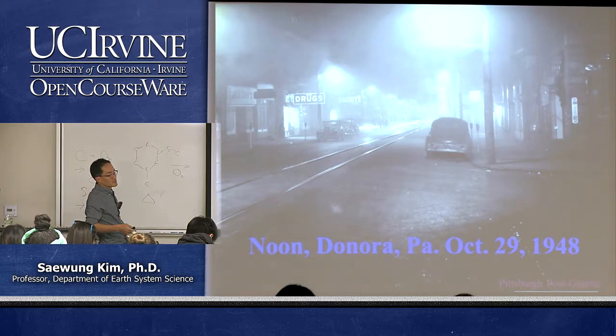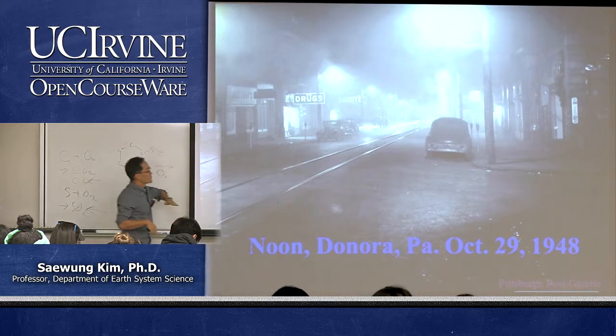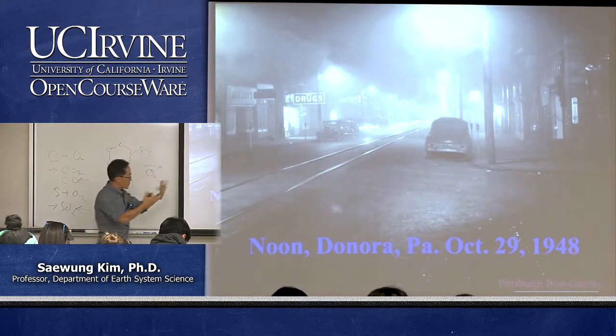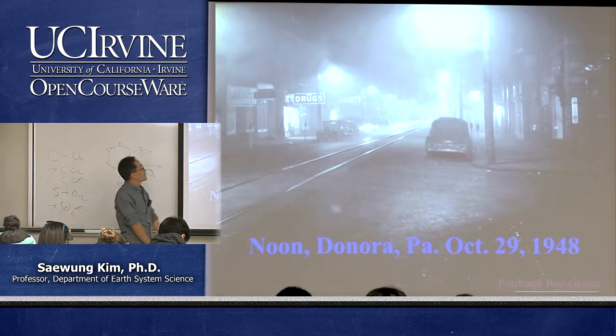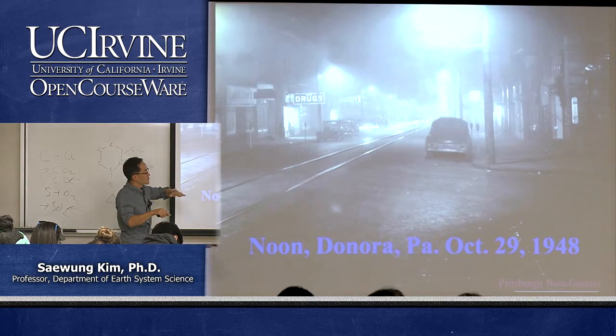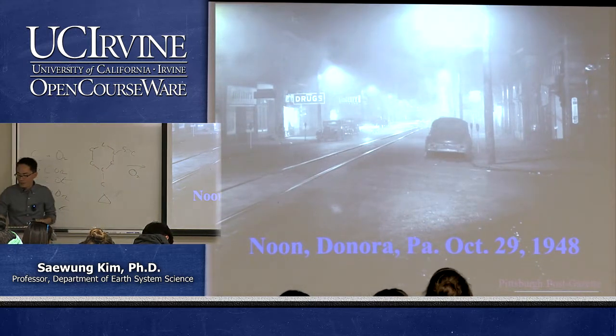In Irvine it feels like summer, but out there in Pennsylvania, it's probably pretty cold. Probably a temperature inversion happened, and a lot of emissions were going on. There are cars, and coal emissions to heat the inside, and that gets trapped because of the temperature inversion and low boundary layer depth.